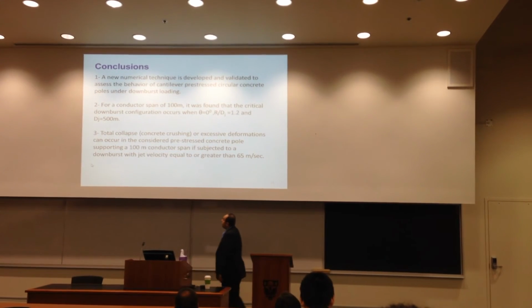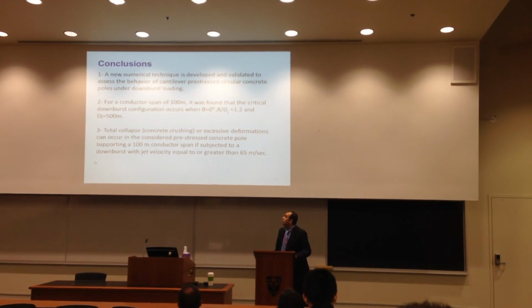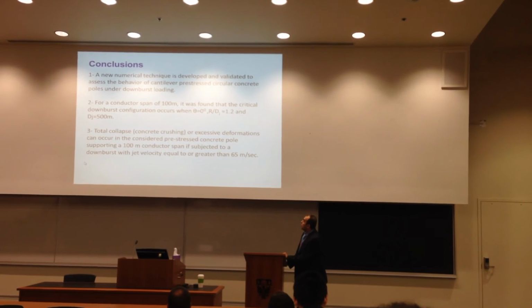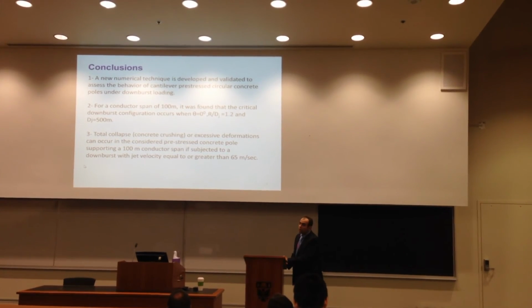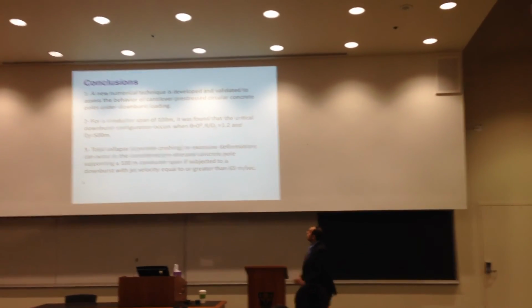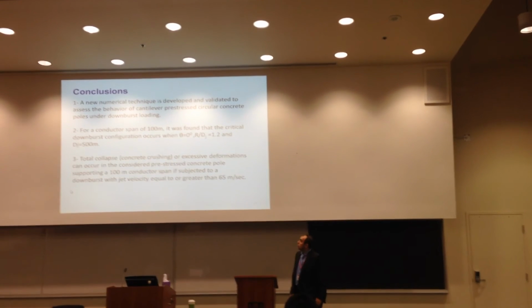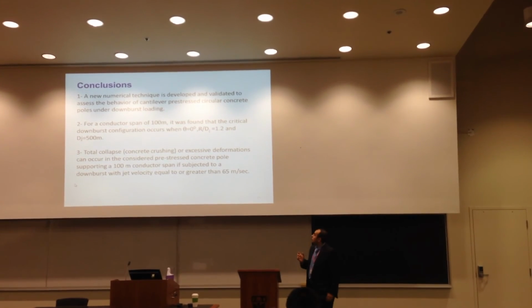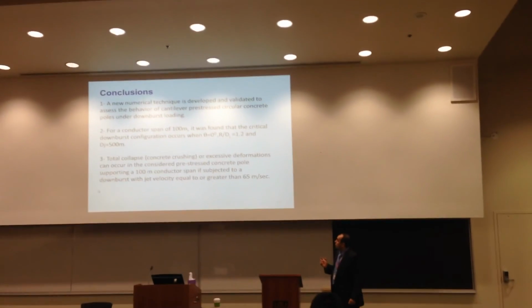In conclusion, a new numerical technique was developed and validated to assess the behavior of cantilever pre-stressed circular concrete poles under downburst loading. For a specific conductor span of 100 meters, the critical downburst configuration occurs when theta equals 0, Dj equals 500 meters, and R over D ratio equals 1.2.